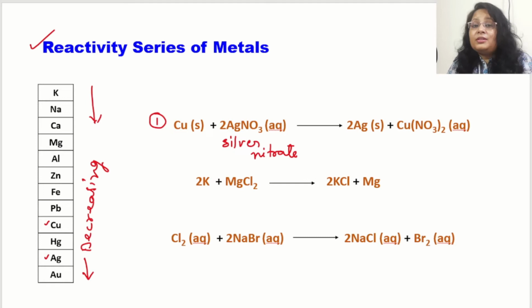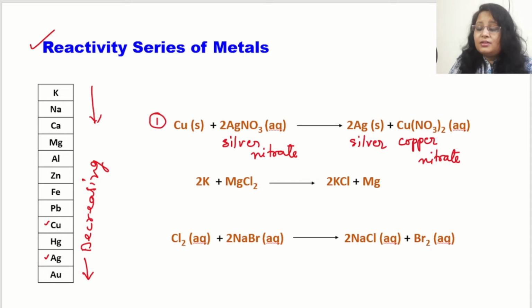So copper will replace the silver from silver nitrate and takes its place. So it will make copper nitrate, and the silver is left, which we can see easily. So this is the use of reactivity series.